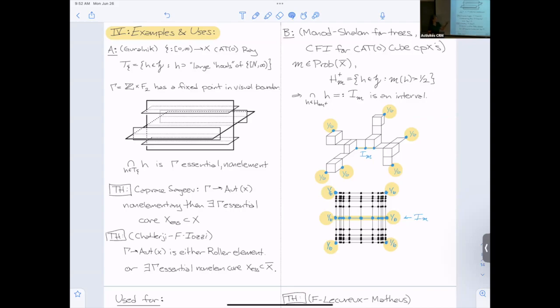So Caprace and Sageev showed that if you have a non-elementary essential action, then the essential core is non-empty and very nice.